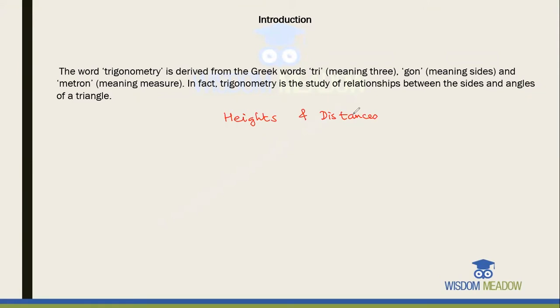Lots of big application, that is the distance of the star to the earth or the distance from the moon to the earth can be also found using trigonometry. So basically the application is that it is used to solve for any heights and distances, and you can find without measuring it.